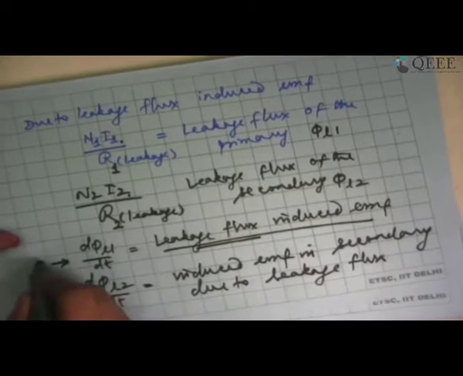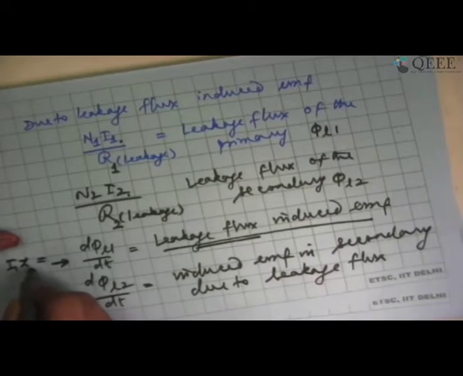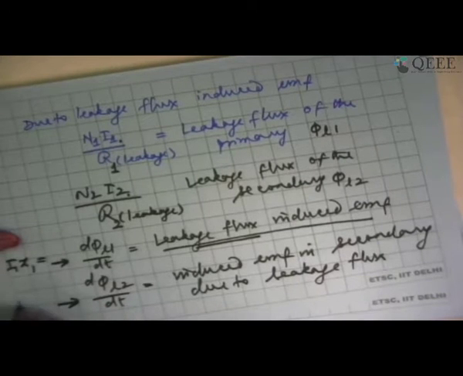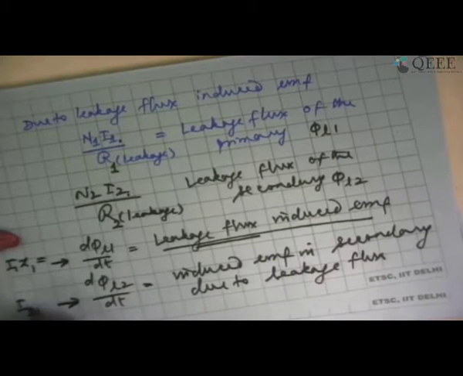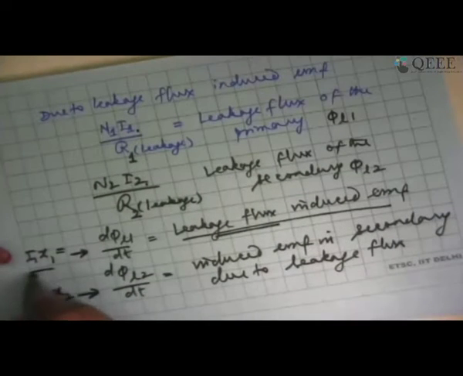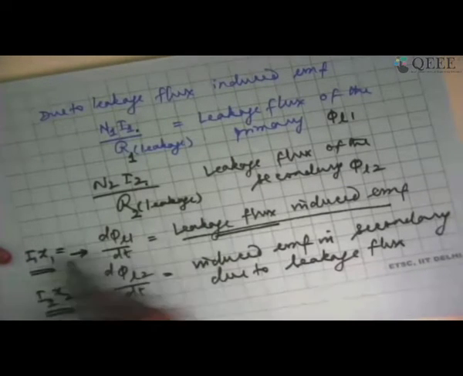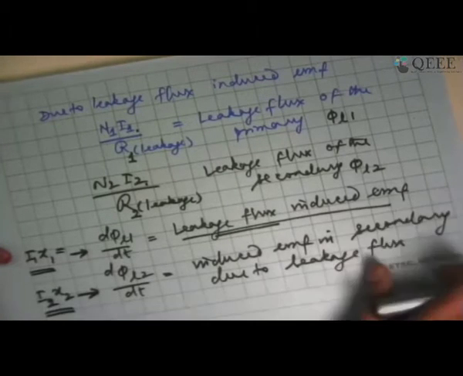So I can say that this is equal to I1 multiplied by X1, and I can write this as I2 multiplied by X2. So I should be able to write these two as two leakage drops, because any flux can be represented by a reactance or inductive circuit. So I'm equating this to X1 and X2 respectively.